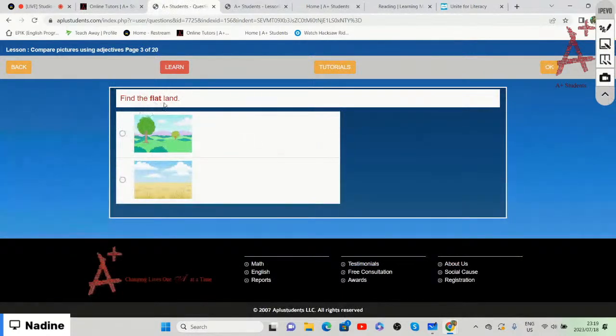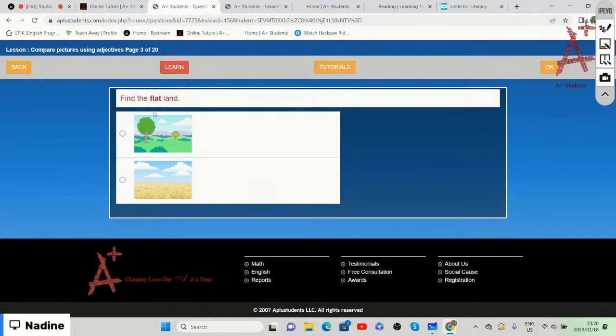Find the flat land. And how do we know if it's a flat land? We will know it's a flat land when we do not see a lot of mountains or hills. So if we look at both pictures, we need to specifically find the flat land.